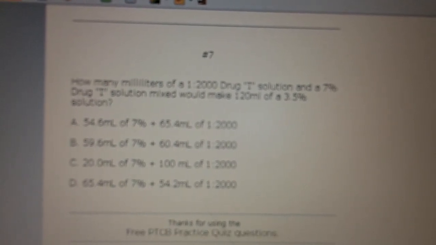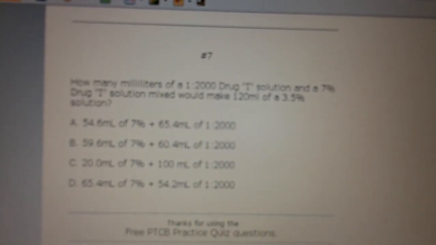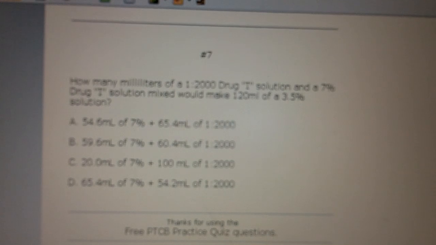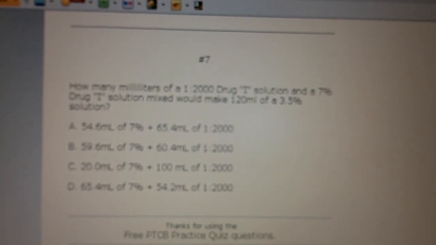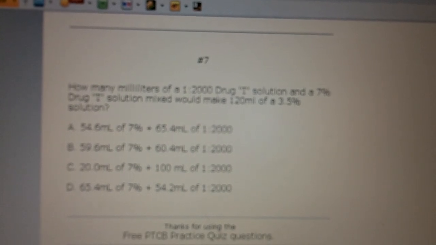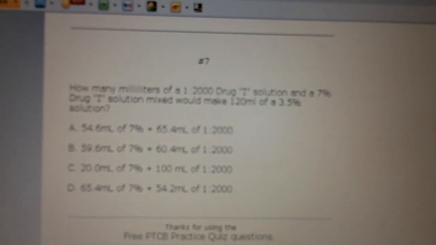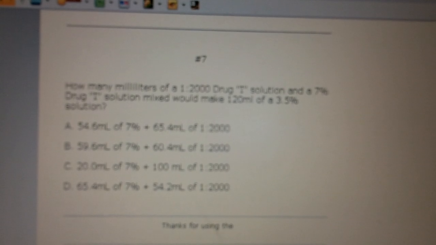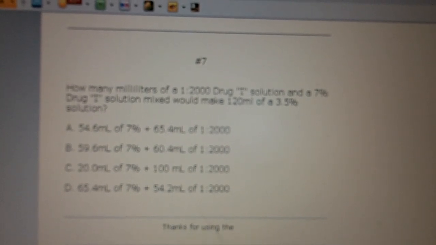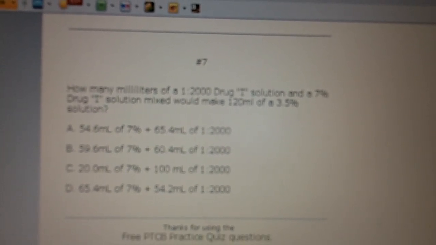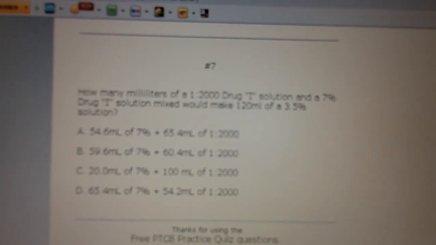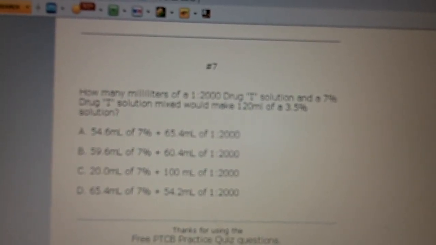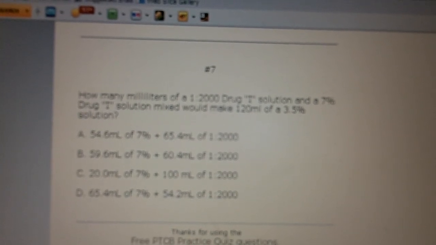Like if you went to a birthday party and there were 2,000 people that showed up and they had to cut a little cake into 2,000 pieces, it's almost like 0 cake, right? Now I know that there are some potent drugs out there, and a 1 in 2000 mixture might still be potent, but as far as math goes, a 1 in 2000 versus a 3.5 or a 7% solution is just like 0.